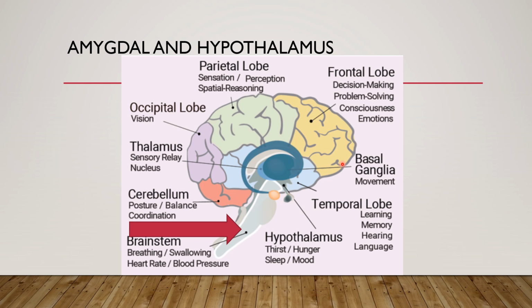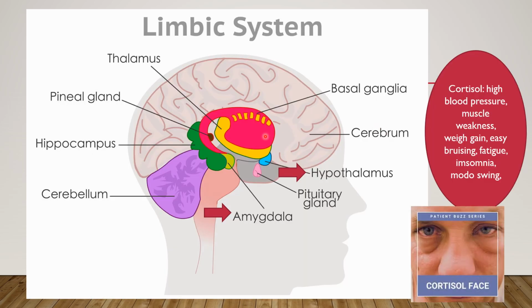We also have that the brain works as far as the hypothalamus is ready to work, and the amygdala. What is the function of the hypothalamus? It is this section here. The hypothalamus is ready to work when we implement activities that relax the brain. Why? Because if the brain is relaxed and the amygdala is also relaxed, there's no inflammation.